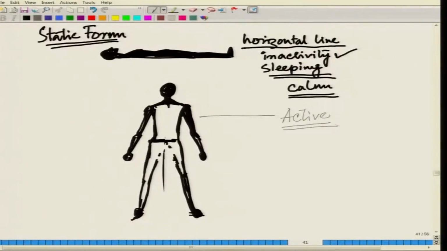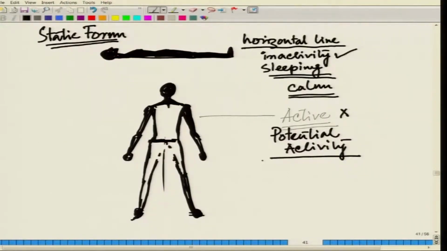but we cannot call it fully active. We can just say that it has some potential for some activity. So, the formation is ready to act, but not active as yet.